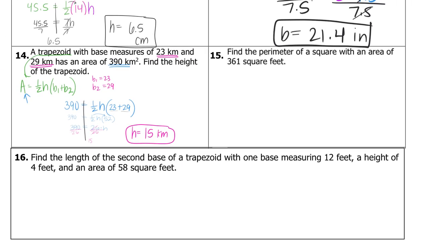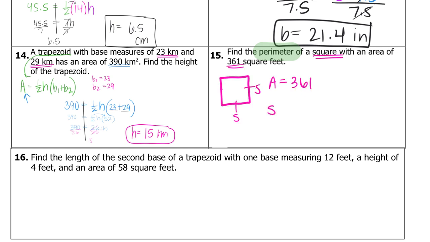All right, number 15. So this time they are asking for a perimeter. So it wants the perimeter of a square that has an area of 361. So remember, squares have equal sides. So these are going to be equal. And if the area of this square is 361, that means that if you took the two sides and you multiplied them together, it would equal 361.